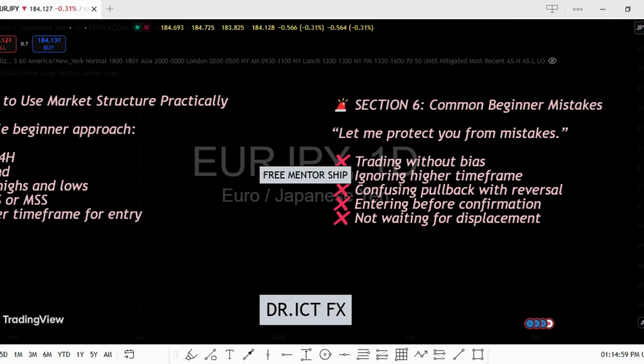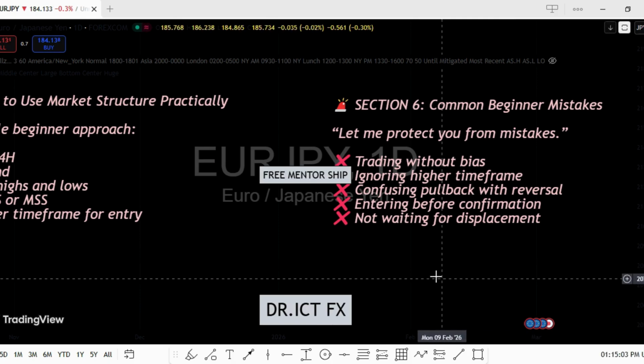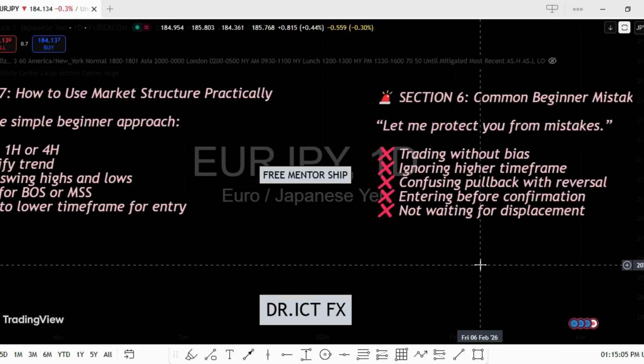To protect you from what beginners normally do wrong, this is how most traders fail to make it: they don't trade with a bias, they ignore higher time frame and key levels, they confuse pullbacks with reversals, and they enter before confirmation and don't wait for displacements.